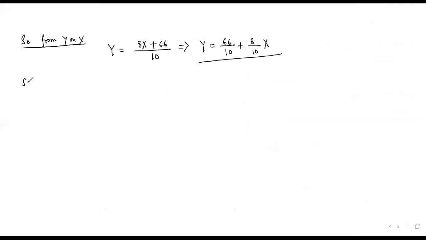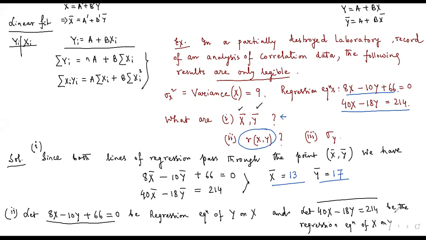Similarly, from x on y, we do the same thing. So we get 40x is equal to 214 plus 18y.